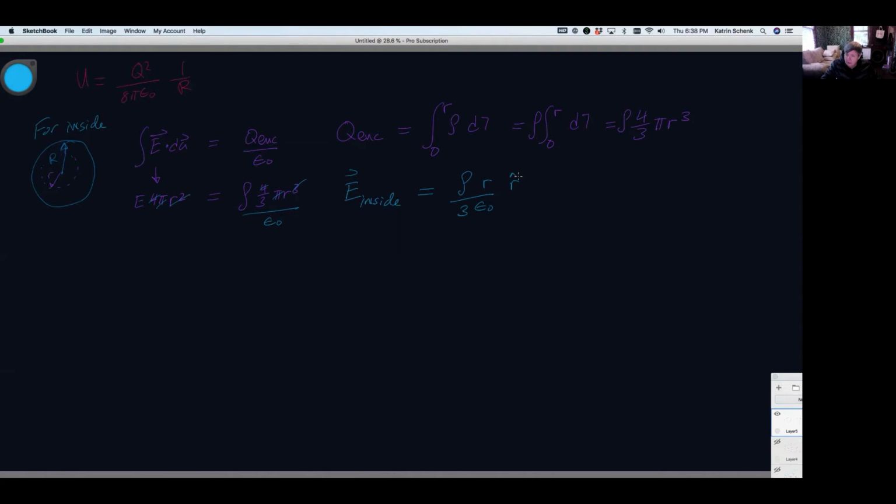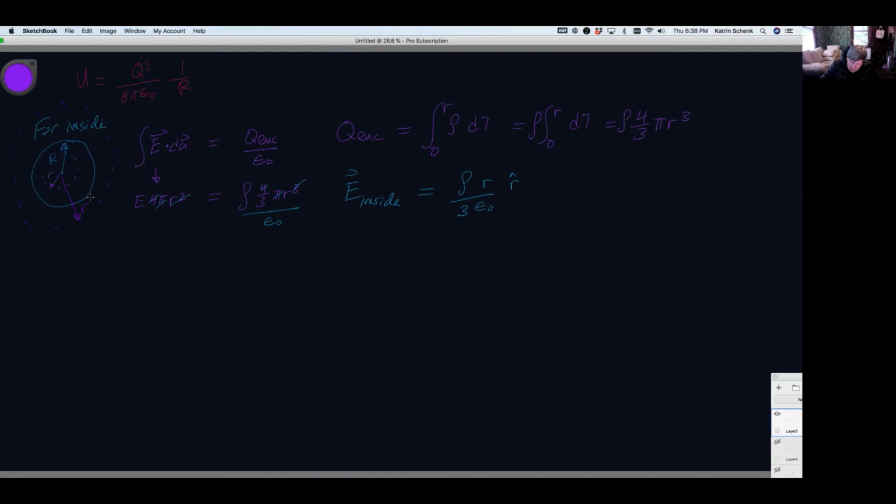Now let's do E outside. That's super easy because we've done this kind of thing a billion times. Here's our Gaussian sphere of radius r again. We know that we're just going to get as if all the charge was at the center, so it's going to look just like a point charge.